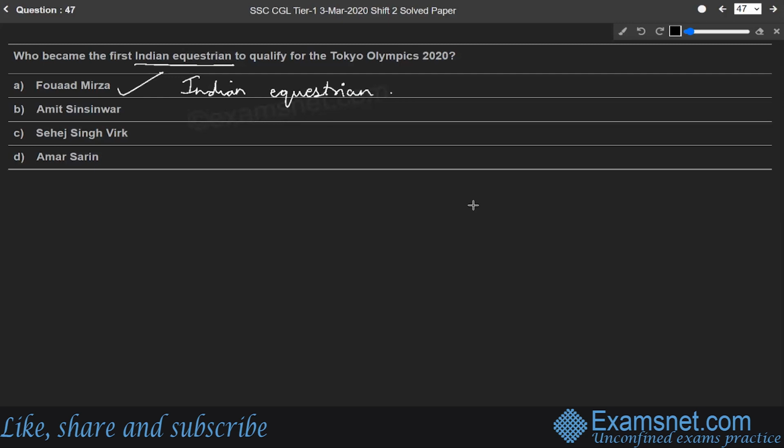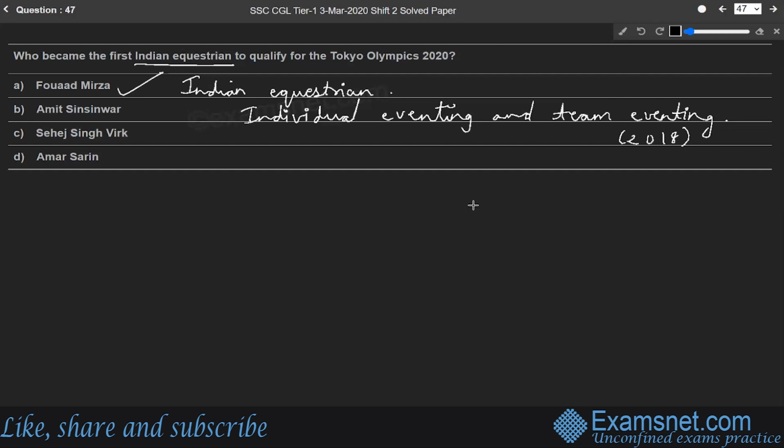Also, he is related to horse riding and he won silver medals in both individual eventing and team eventing, in the year 2018 at the Asian Games.